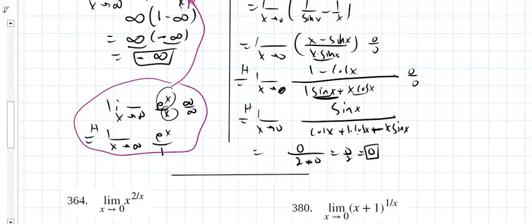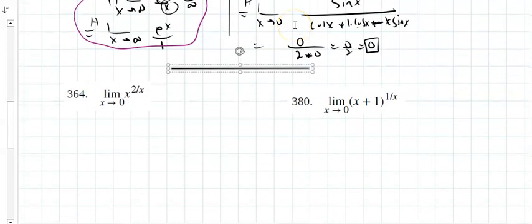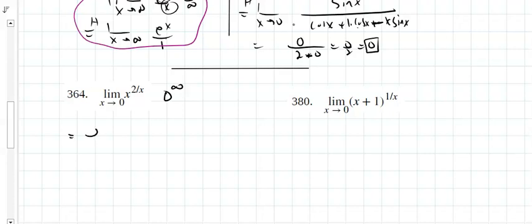So again, I can only use L'Hopital if I have 0 over 0 or infinity over infinity. Here's a problem. I put 0 in, I get 0, and 2 over 0 is infinity. Well, for a power function, there's one way of manipulating it, and that is, I could write this as e to the natural log.